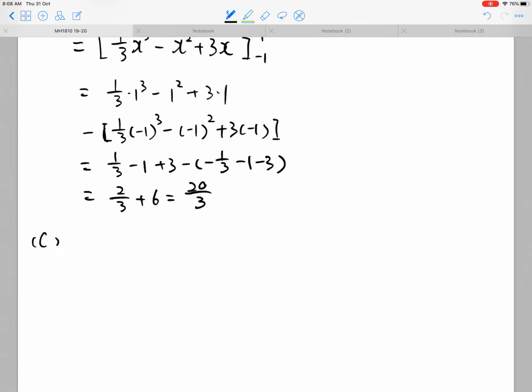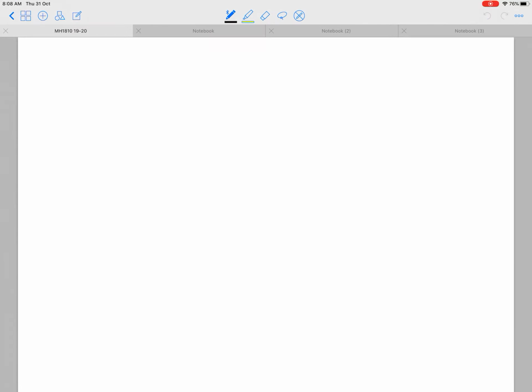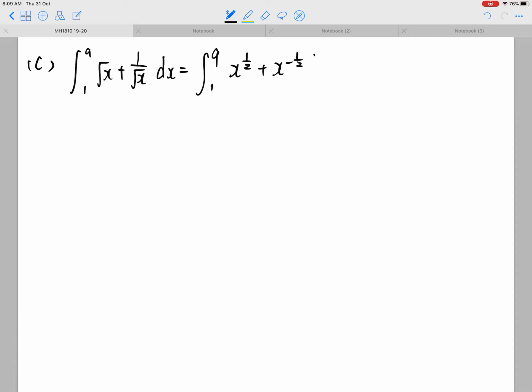Next part, part C. It's the integration of square root of x plus 1 over square root of x. Okay, for this kind of integration, I suggest you change it to x to the power of half plus x to the power of negative half, because it's much easier to do the calculation in this way.